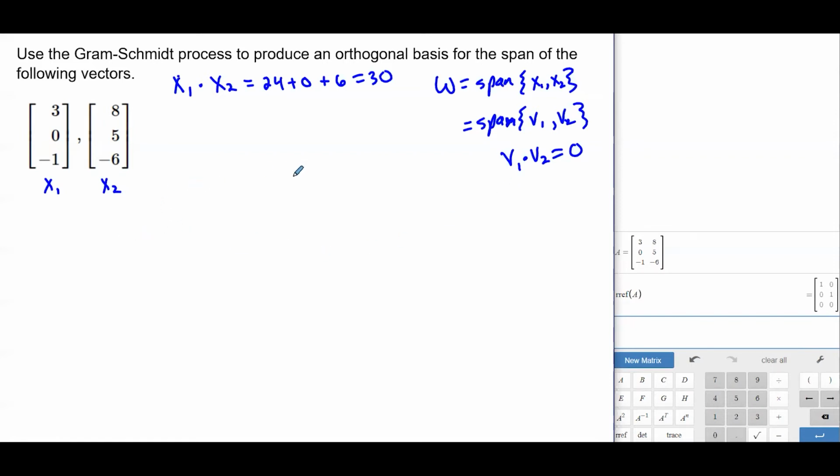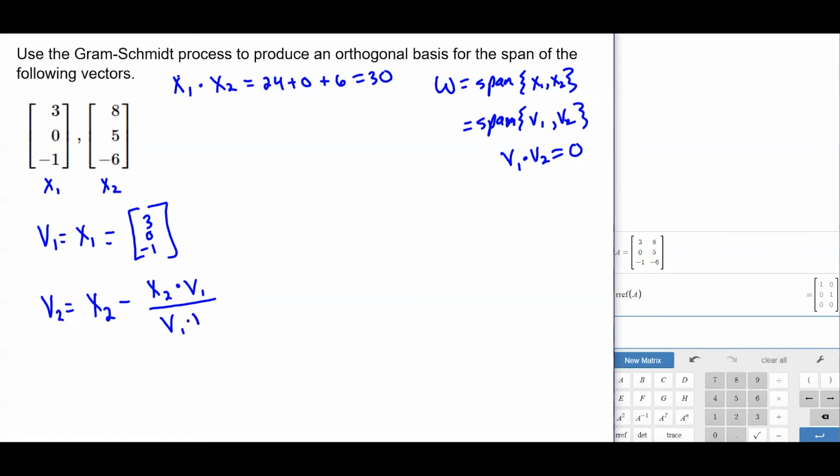All right, so here's the process. The first vector v1 is easy. You just let it be x1. That's the good news. To get the second one, we take x2 and subtract x2 dot v1 over v1 dotted with itself, times vector v1.